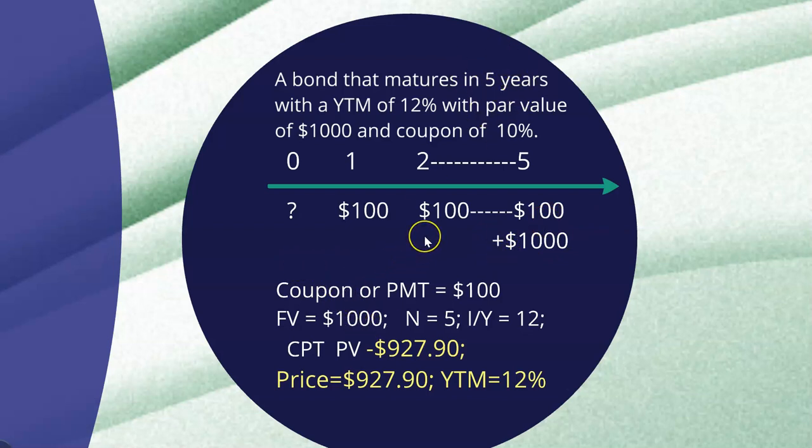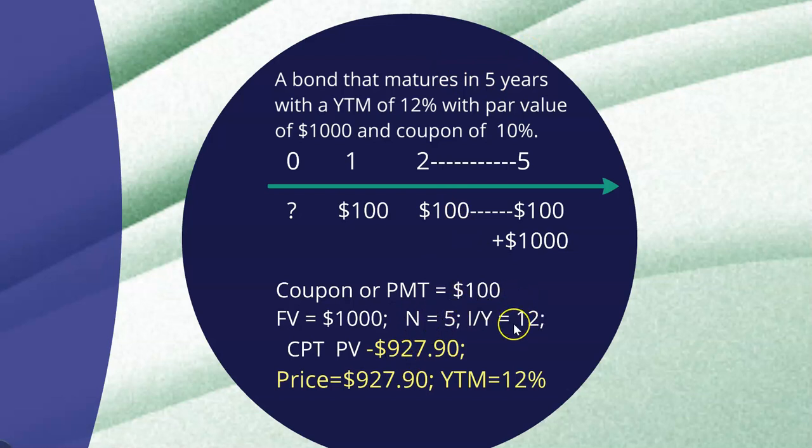And when you key in these numbers in TI BA II Plus financial calculator, your coupons are annuity payments, like I said earlier. So you would key them in as payment of $100. Your par value or face value is the future value. You would key them in as $1,000. N, which is your maturity period, is 5.